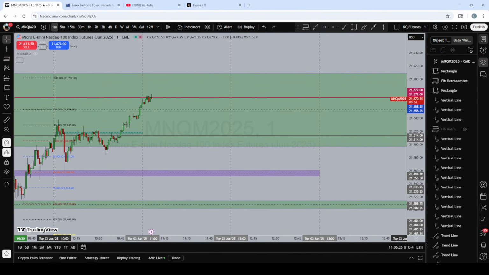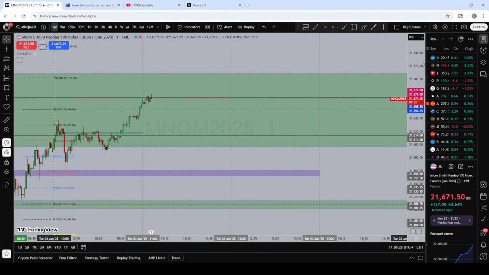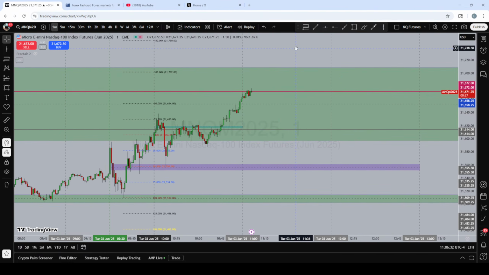See that? Yeah, that's the 0.5 standard deviation for New York session. That was the target that I showed you on TradeAway, and then I told you it was going to hit the 672.